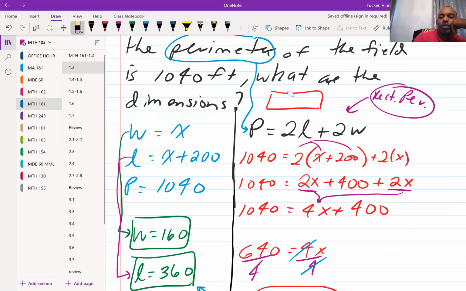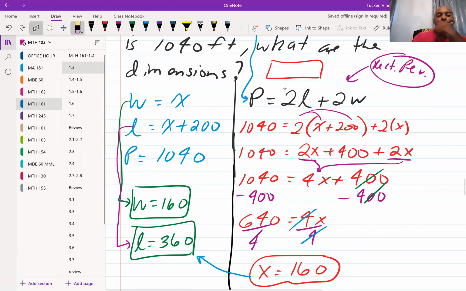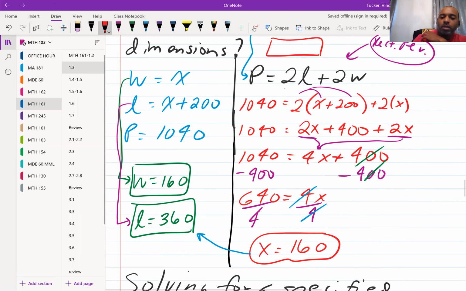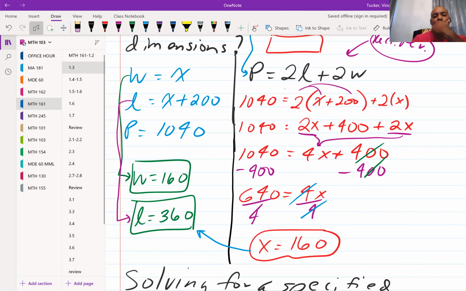Then we'll subtract 400 from both sides. Then you're left with 640 equal to 4X. Then divide by 4. And X is equal to 160.